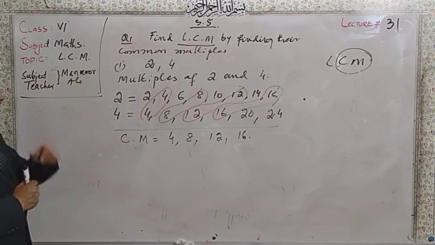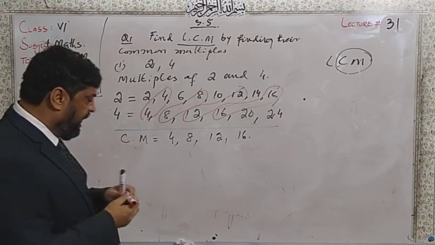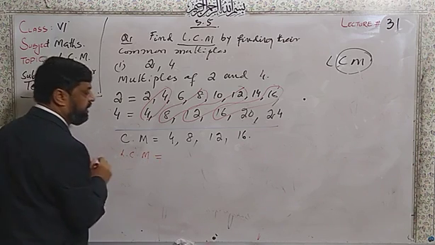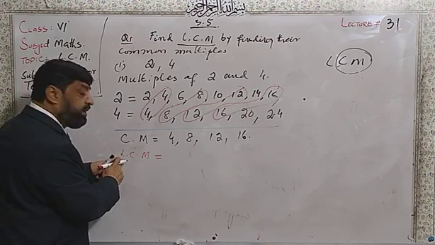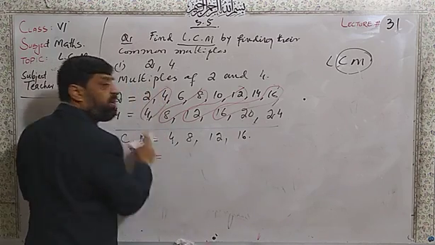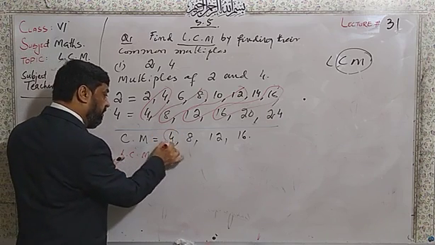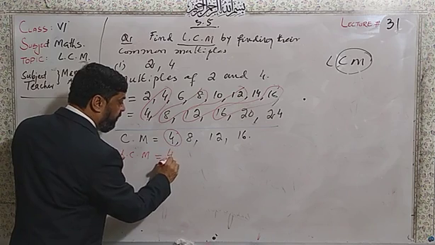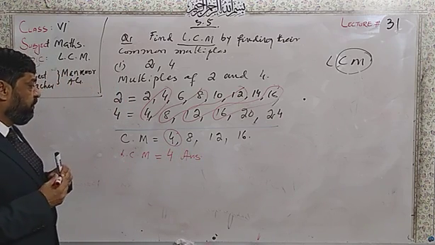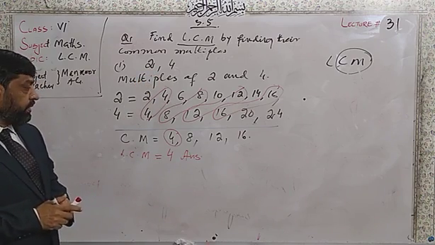Dear students, here I will take the LCM. L means lowest number. Which lowest number from these 4 numbers do we have? I will take only that number, and that is 4, and 4 is the LCM of 2 and 4.